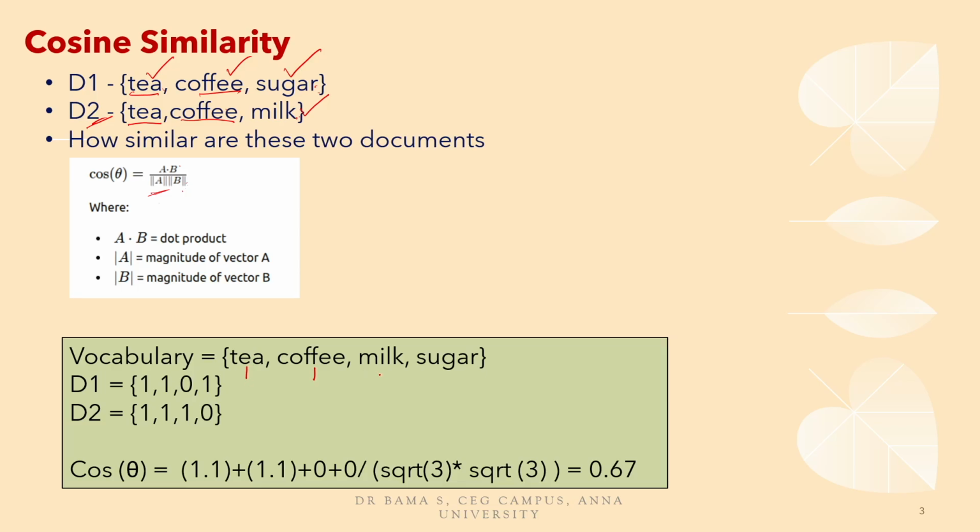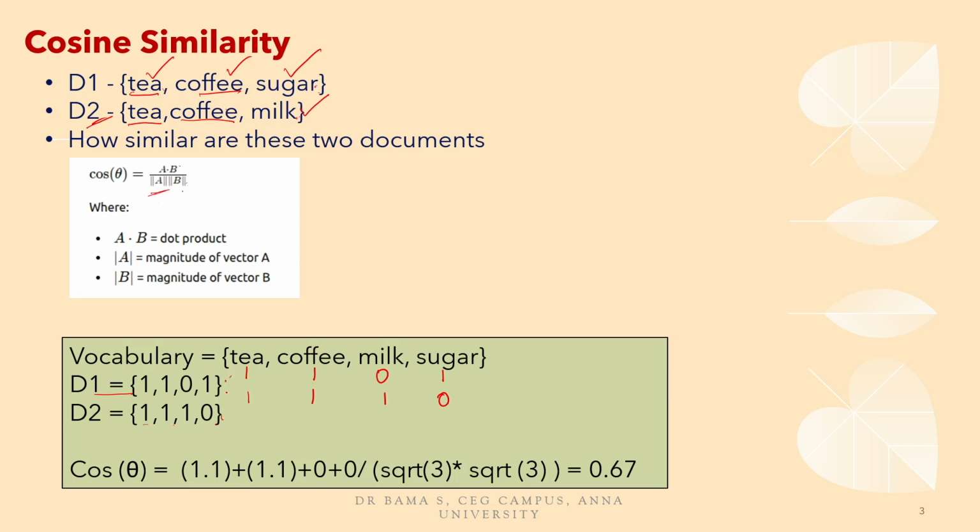Milk is not present, therefore 0, and sugar is 1. So 1101 is given for D1. Similarly for D2, tea is 1, coffee is there in D2 so 1, milk is there so 1, and sugar is 0, therefore D2 is 1110.